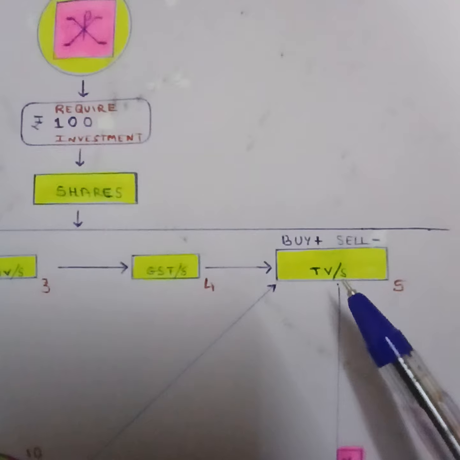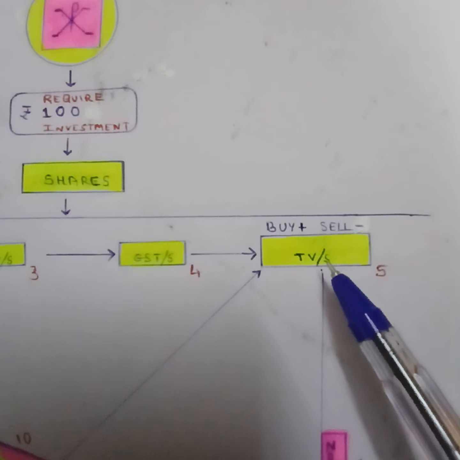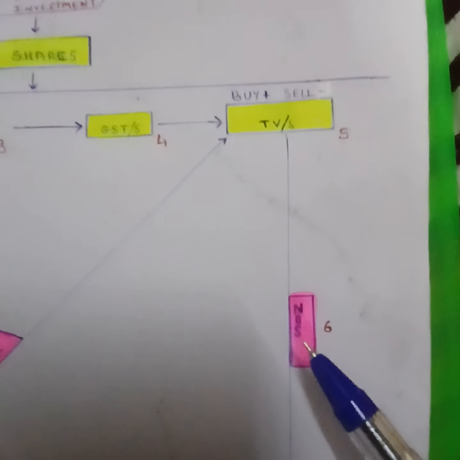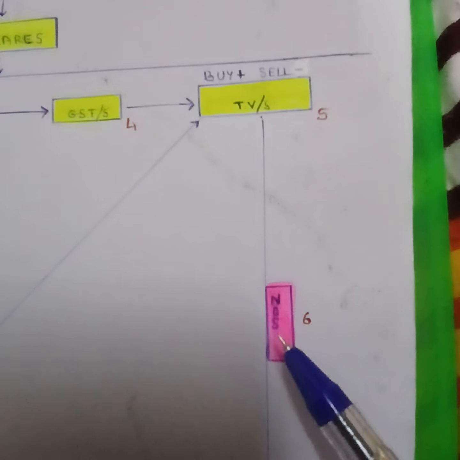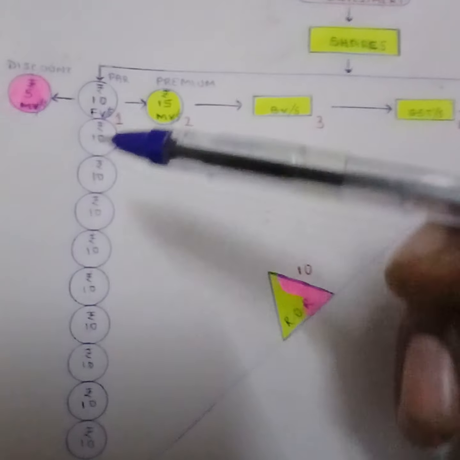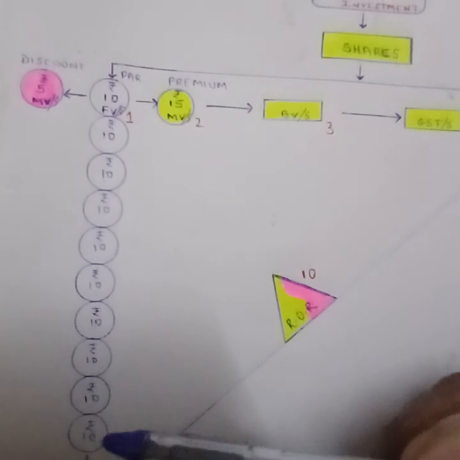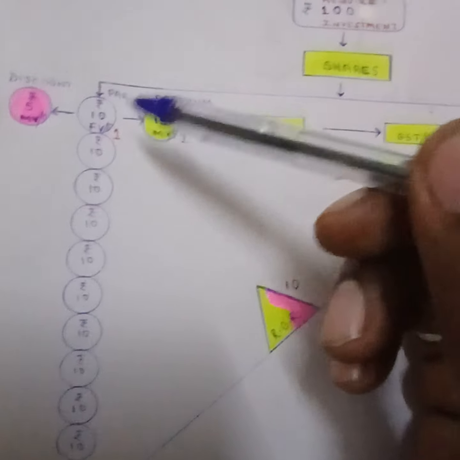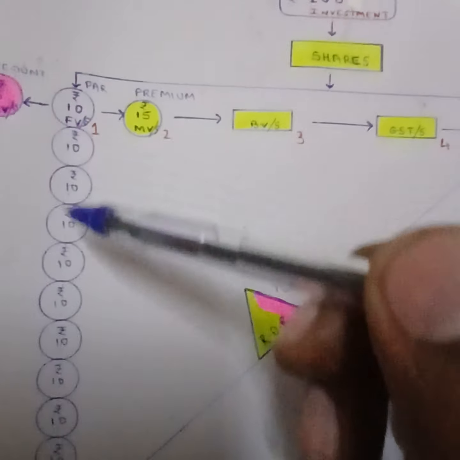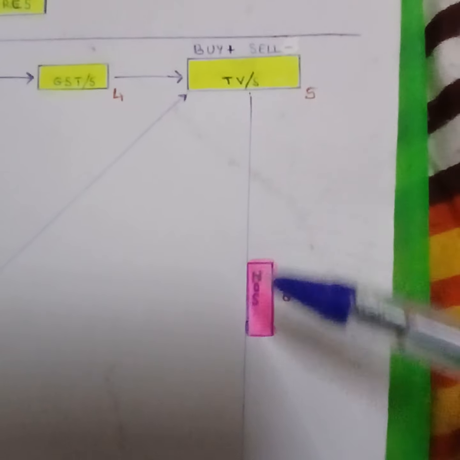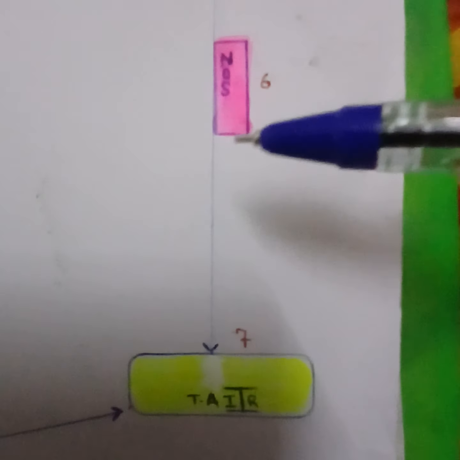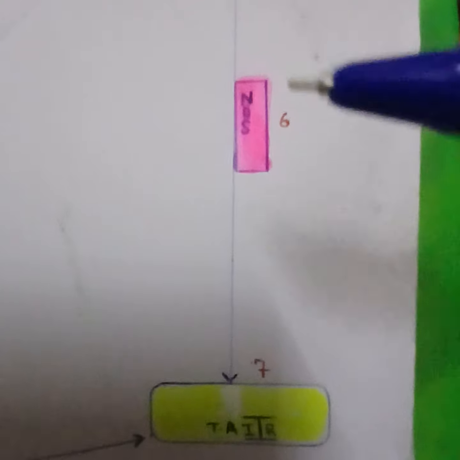So total value per share into number of shares. We have sold 10 shares, which amounts to 100. It can mean lakhs. So total value per share into number of shares will give you total amount invested or received.